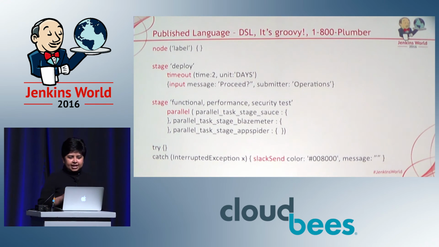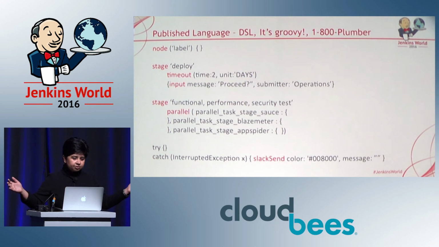I'm not really, this is like go to Jesse's talk. So we have the DSL, and the ones that are serving us very well are the ones I'm calling out. Node is great, stage, great. Please have a timeout if you're asking for input. The input is great if you do not have permission to go headless end to end.